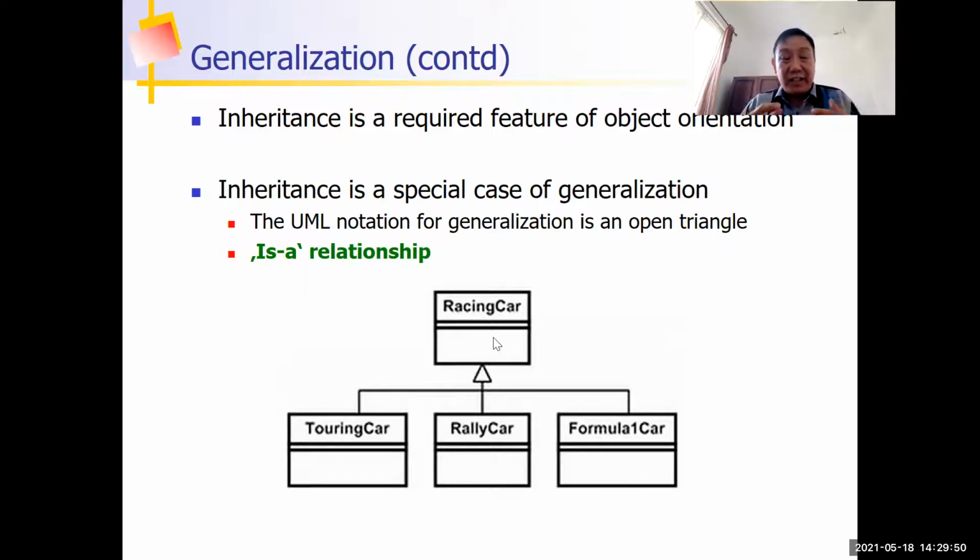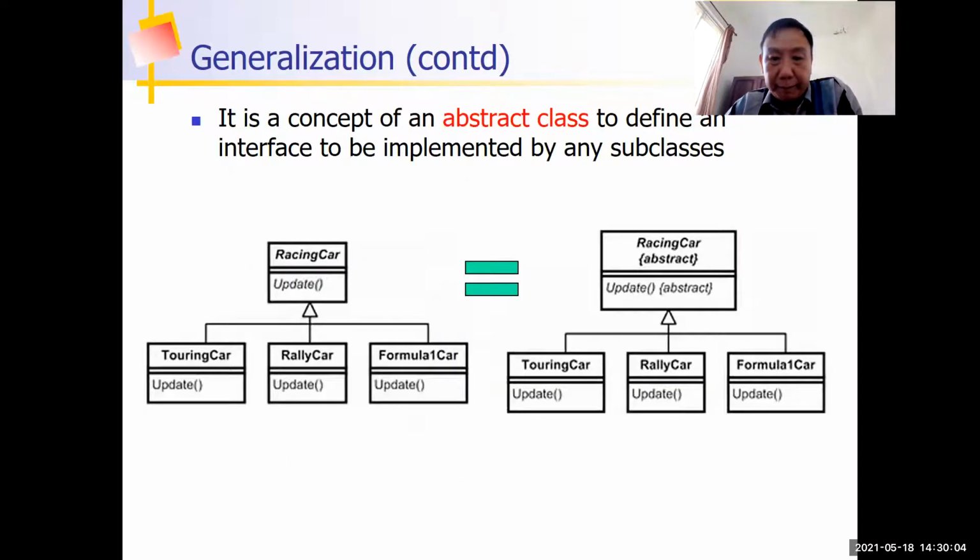So generalization represents an is-a relationship. In UML, this is an open triangle. Usually we put this as abstract. If you want to make it an abstract class, then you mark it abstract in the class diagram.